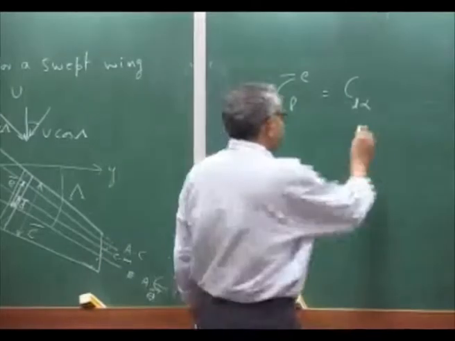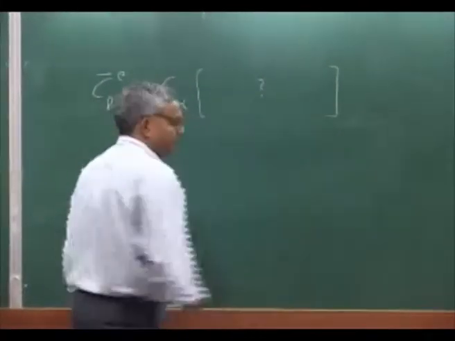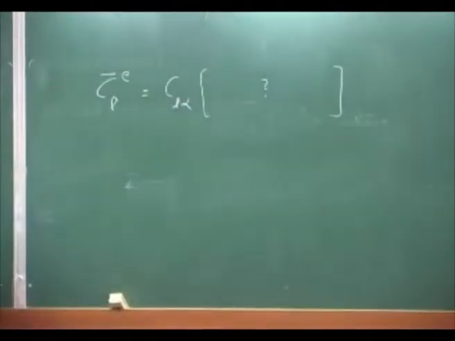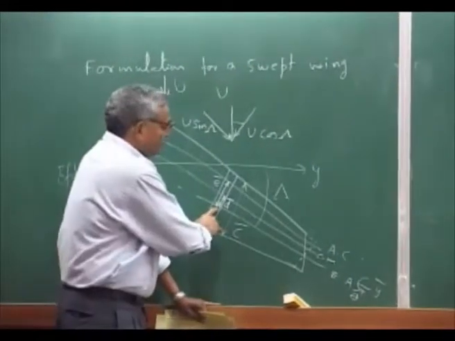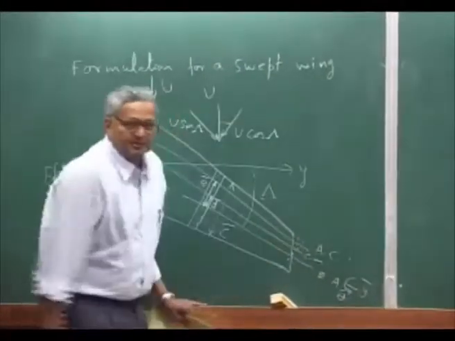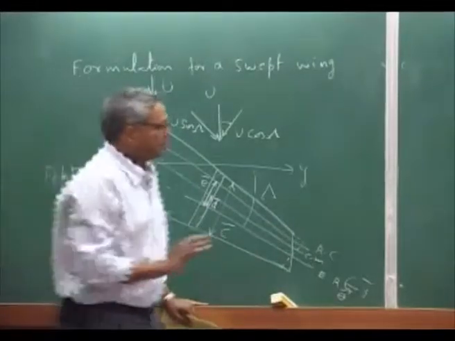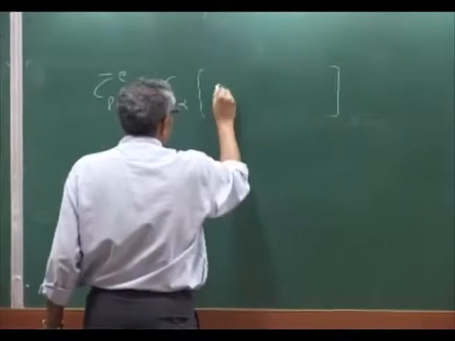What is the angle of attack? Okay, this is the question which we have to be careful here. One part of the angle of attack is theta bar. Theta bar is basically twist. So you will write one part is theta bar.